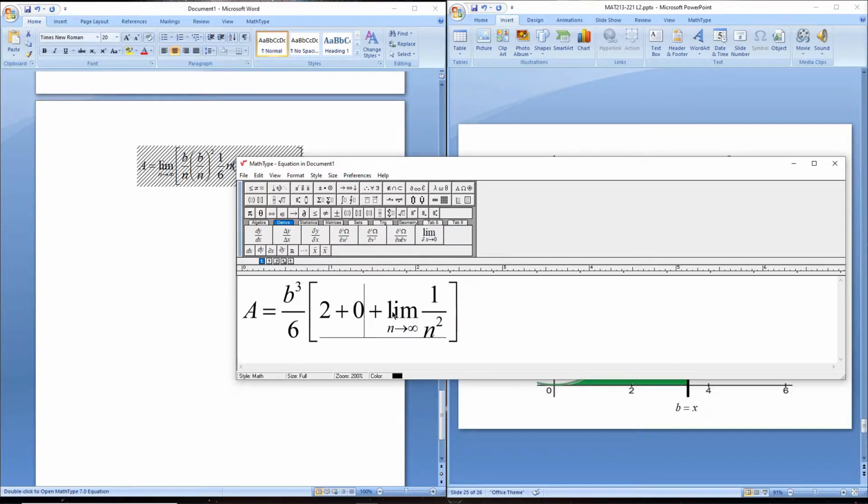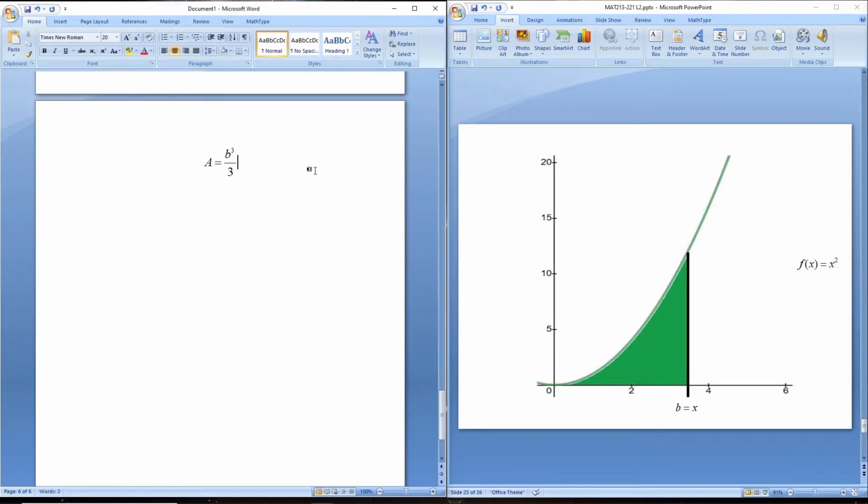And same with the other term. 1 divided by infinity is something going to 0. So 2 plus all those zeros is 2. And then this 2 and 6 have a common factor, so that gives us a third. And that is our final answer.